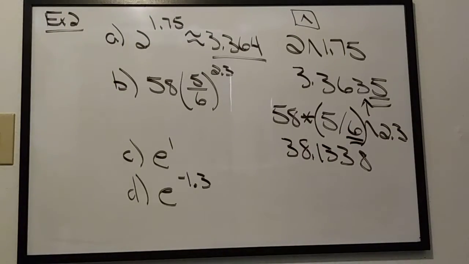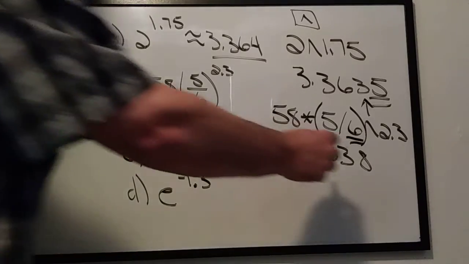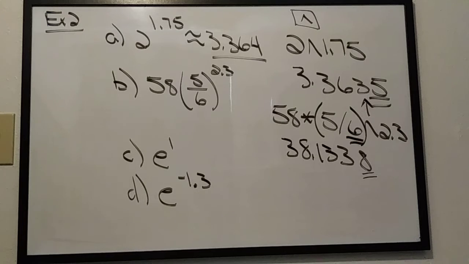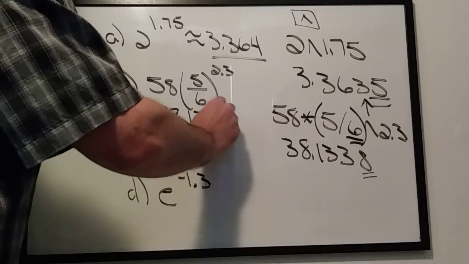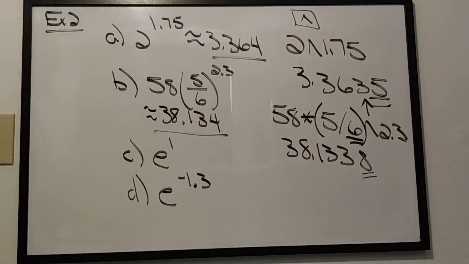Once again, I need to look at that 4th digit to figure out what's going to happen in terms of rounding the 3rd. This one, once again, is bigger than 5, and because our 4th digit is greater than 5, we're going to round up. So this is going to be 38.134.